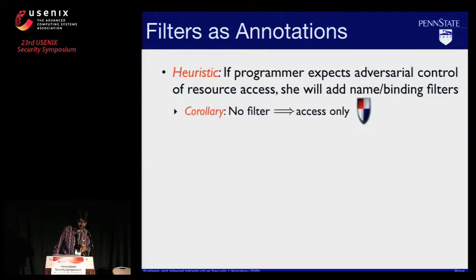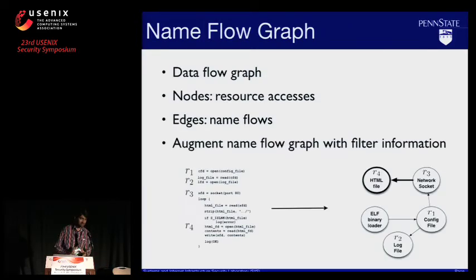Okay, so we say that if there is no filter placed in the program, then that particular resource access should only access protected resources because it cannot handle adversarial input. The way we go about reasoning about this in a principled manner is to build a representation called a name flow graph.